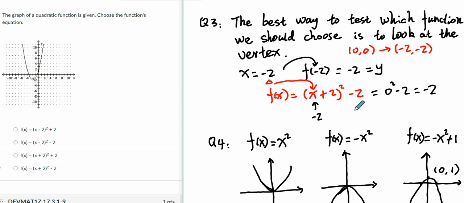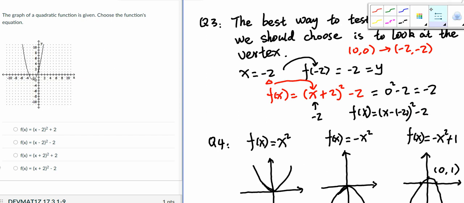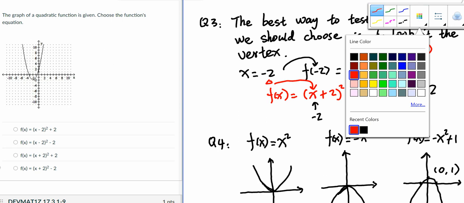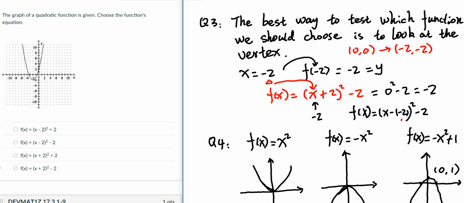It's f of x equals x minus -2, squared, and then minus 2. In this way, you then look at here is -2, here is -2. Horizontally, you know that's -2 units. So that's 2 units to the left.